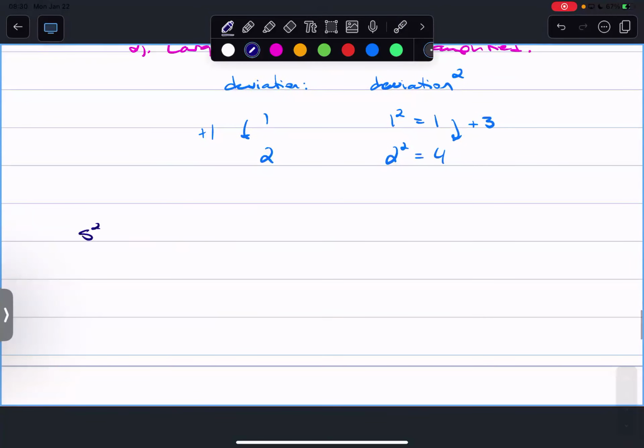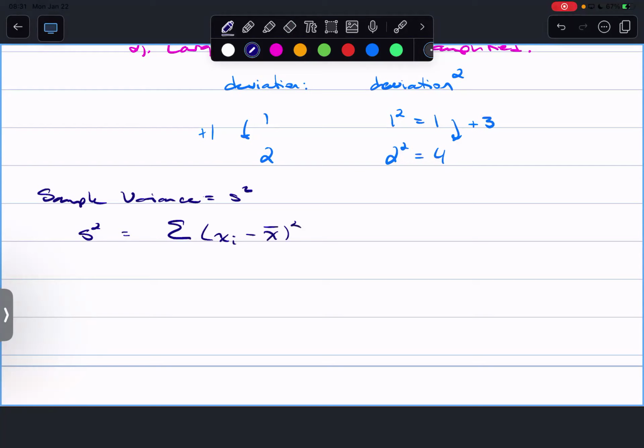So if I just write out S squared, which is the variance, and maybe I'll specify the sample variance, S squared is the sum of xi minus x bar squared over n minus 1.